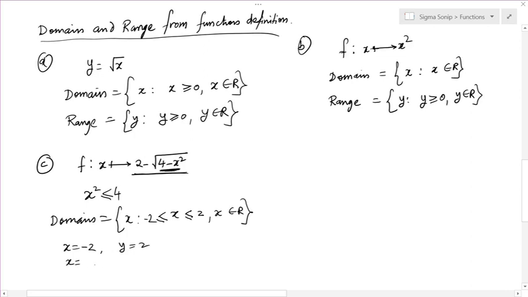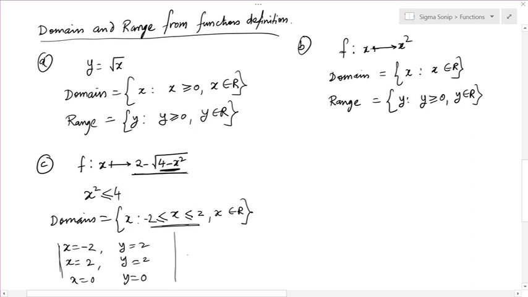When x equals 2, then also y equals 2, because when you square it, it becomes 4, 4 minus 4 becomes 0, and y equals 2. And when x equals 0 in between, we only need to check these values because these are the valid values of x. When x equals 0, this becomes 4. The square root of 4 is 2, so 2 minus 2 equals 0.